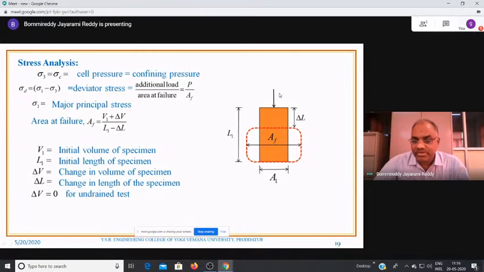And A1 is the initial cross-sectional area of the soil specimen.